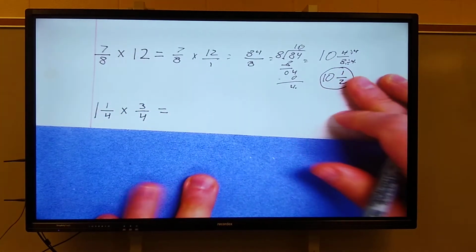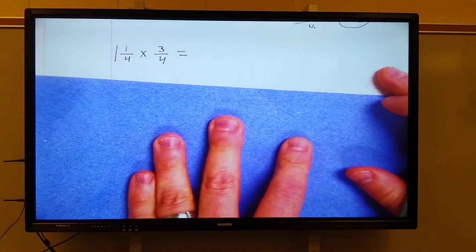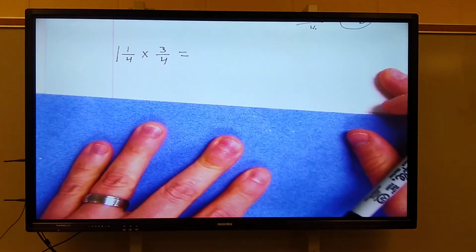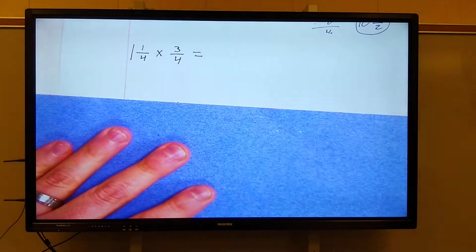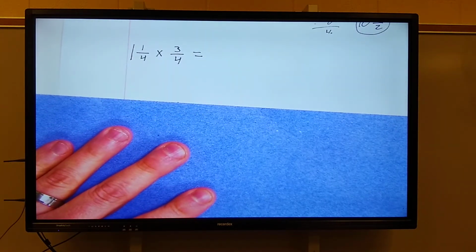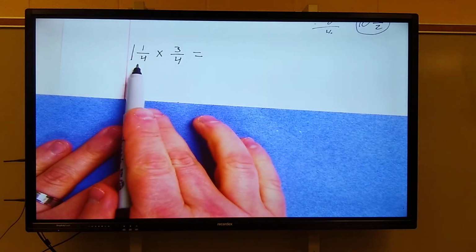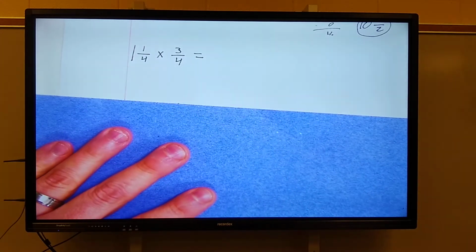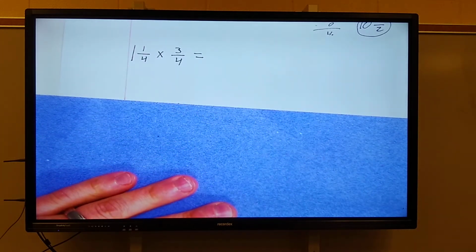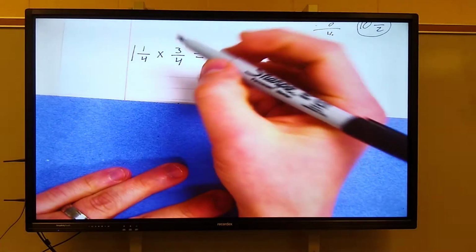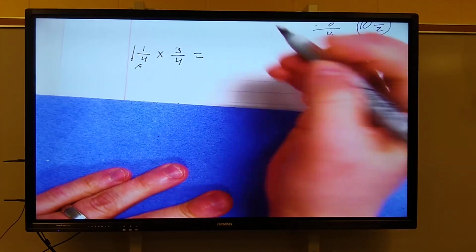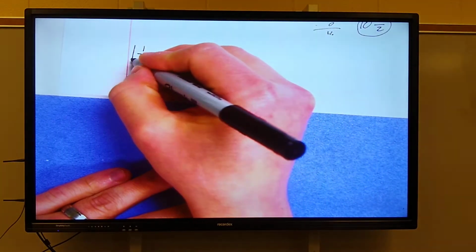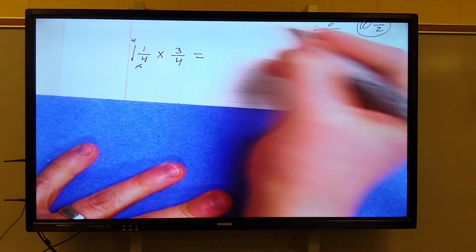All right, now, this time we've got a mixed number times a fraction. I'm going to show you how to do this one. When you got a mixed number, you've got to change it into an improper fraction. We've been over how to do that. Denominator times the whole number. 4 times 1 equals 4.